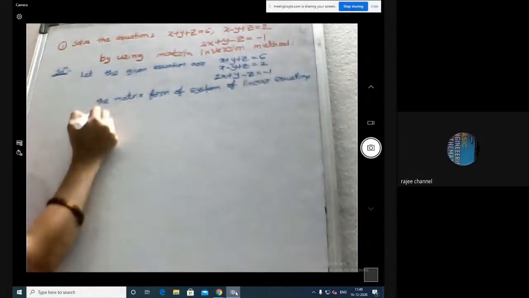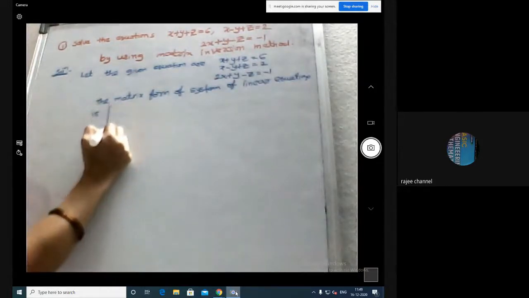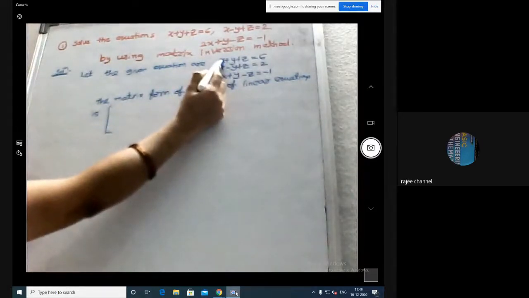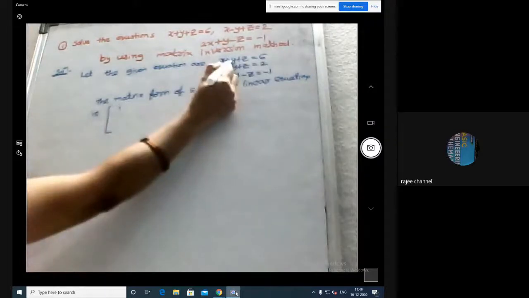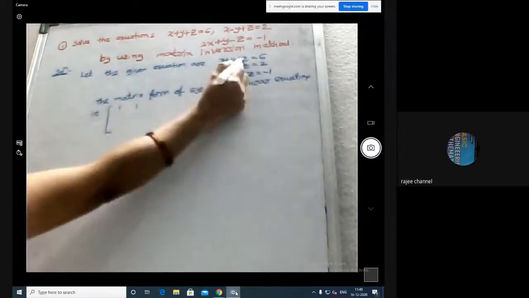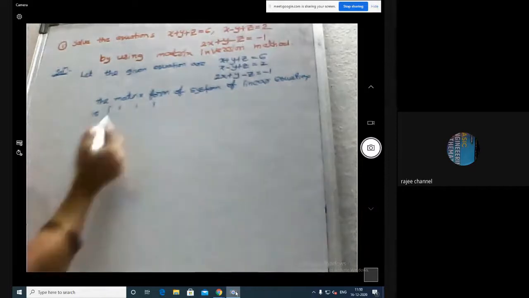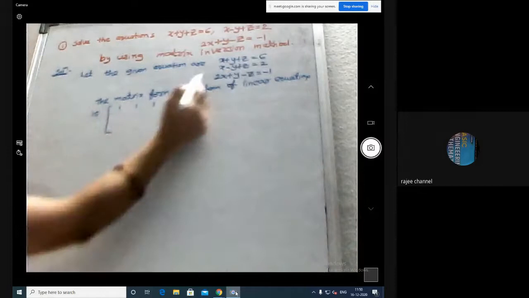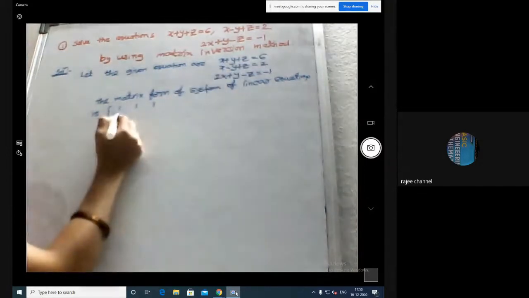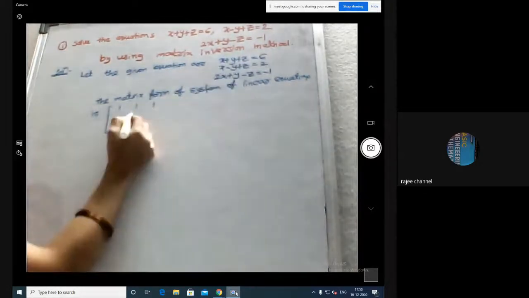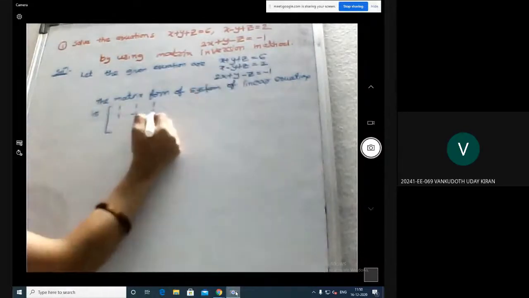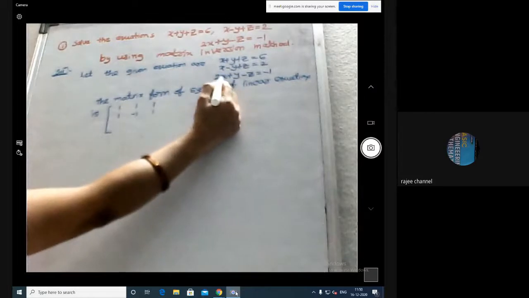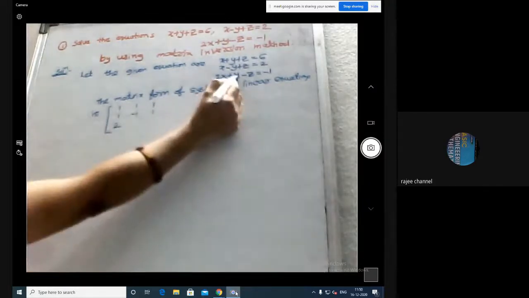First we write the A matrix. The coefficient of x is 1, of y is 1, of z is 1. The first row is over, taken from the first equation. Next, the second row: 1, coefficient of y minus 1, 1. Next, the third row: coefficient of x is 2, of y is 1, of z is minus 1.